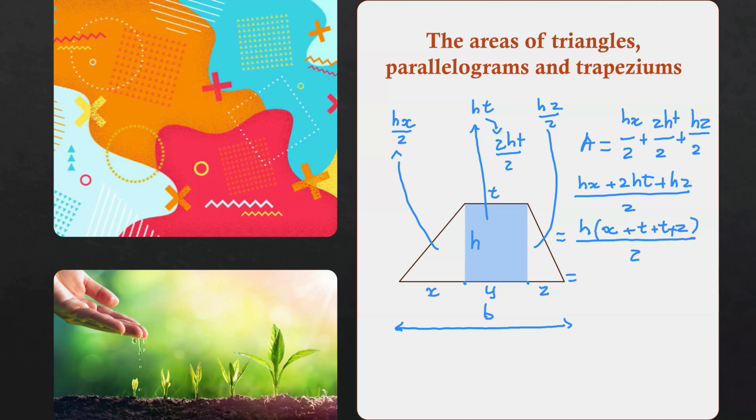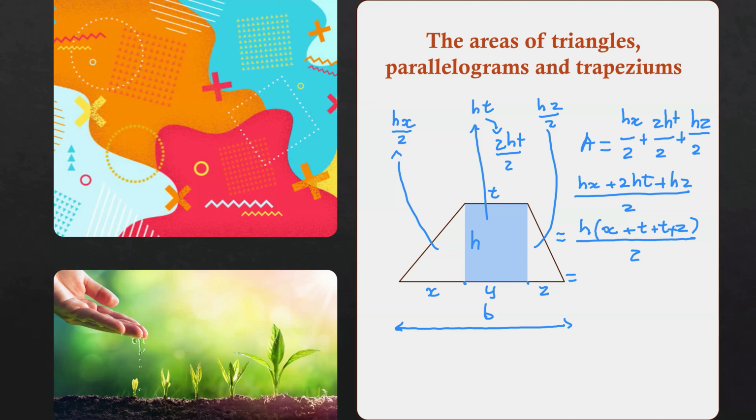Now, you notice that x plus y plus z will equal the base. Look at it: the y and the t are actually the same because they are opposite sides of a rectangle. So we can change it.